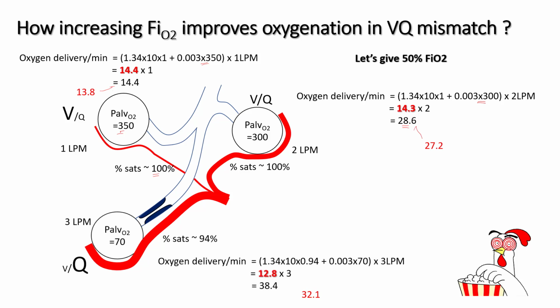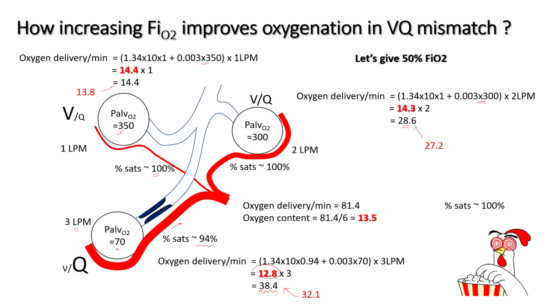However, if you look at those alveoli with low VQ, you are improving their P alveolar from 45 to 70 and around 3 liters are flowing through. So now your sats coming out of these alveoli is increased to 94% and all of a sudden your oxygen content increases, and compared to the previous one, the total amount of oxygen coming from these alveoli increases significantly.